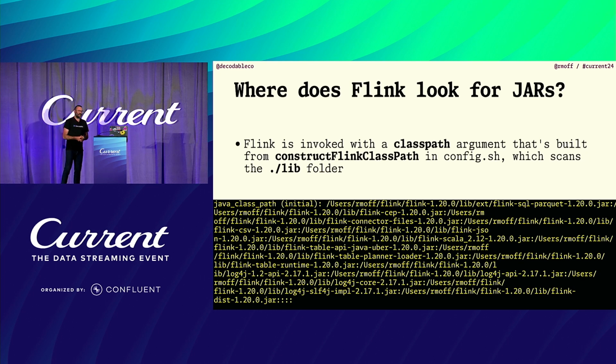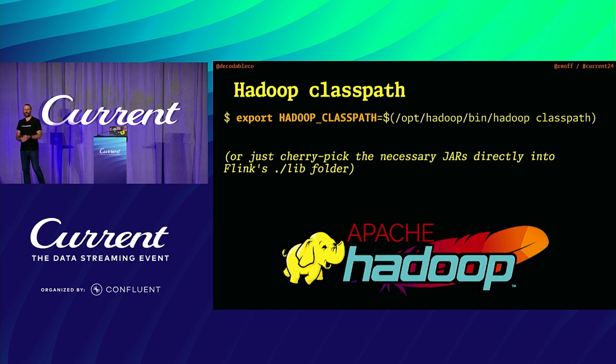The other bit that we need to bear in mind when it comes to dependencies is this thing, Hadoop. Who remembers Hadoop? Like it was a thing, wasn't it? Like everyone got really excited by big data and all that kind of stuff. And Flink's a mature project, and it kind of dates back to when Hadoop was a thing. It was just assumed that you had a Hadoop distribution, because who wouldn't? Like you've not got a Hadoop distribution on your machine? What's going on?